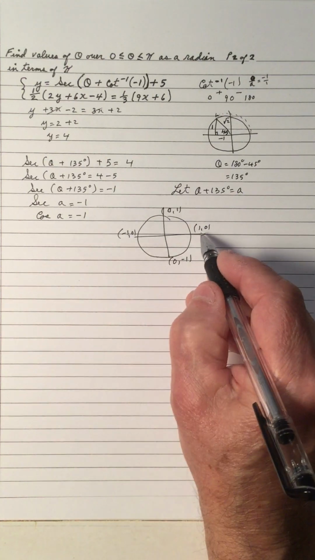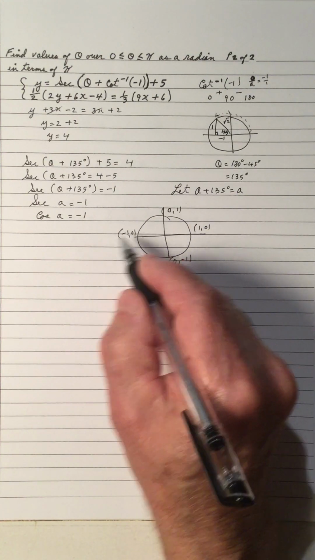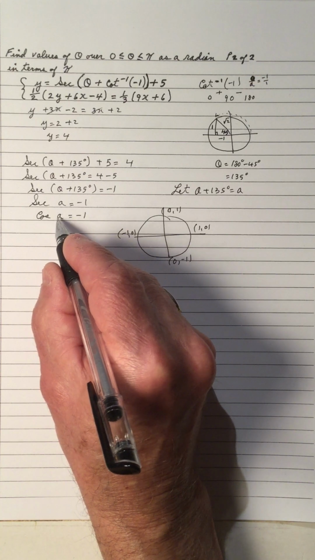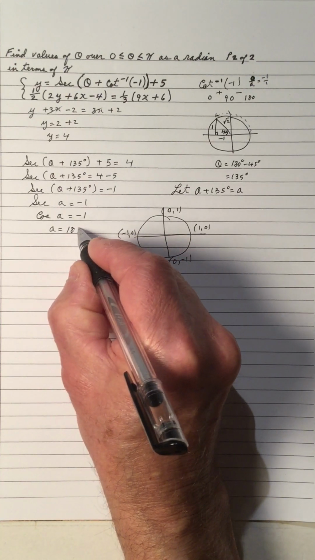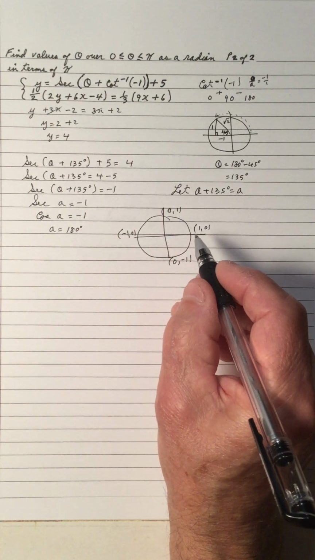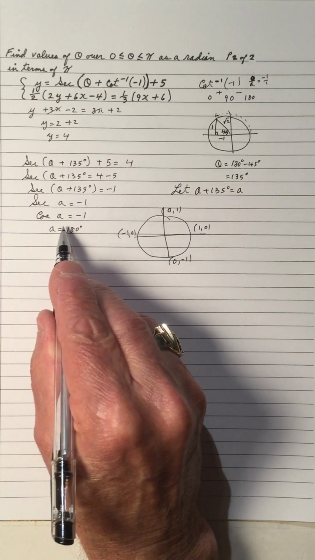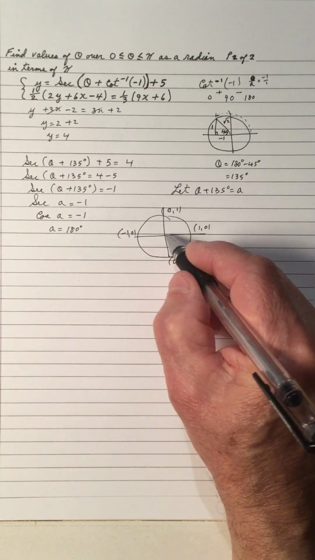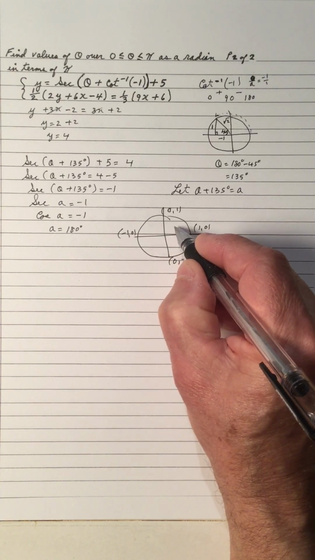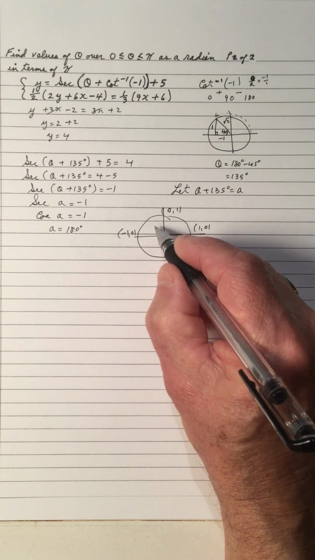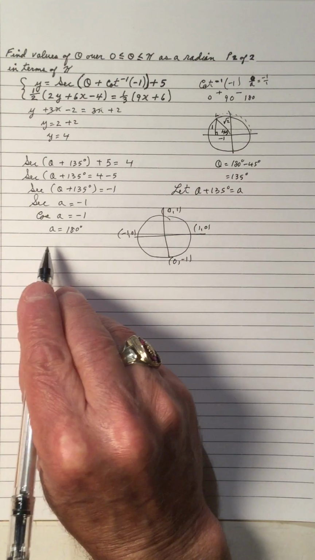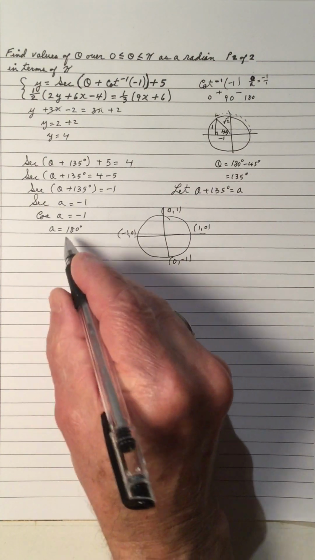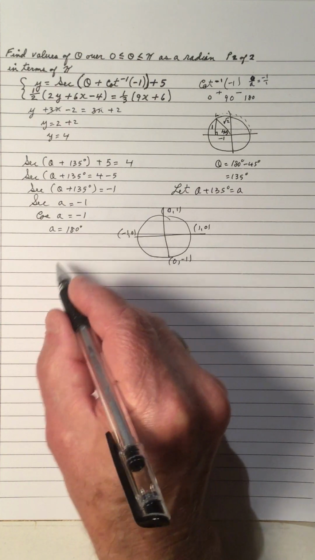Cos is the x, so x is negative 1, which means angle A is 180 degrees. I didn't have to do a reference angle. Reference angles would be used if you were in one of the quadrants 1, 2, 3, or 4. So angle A is 180 degrees.